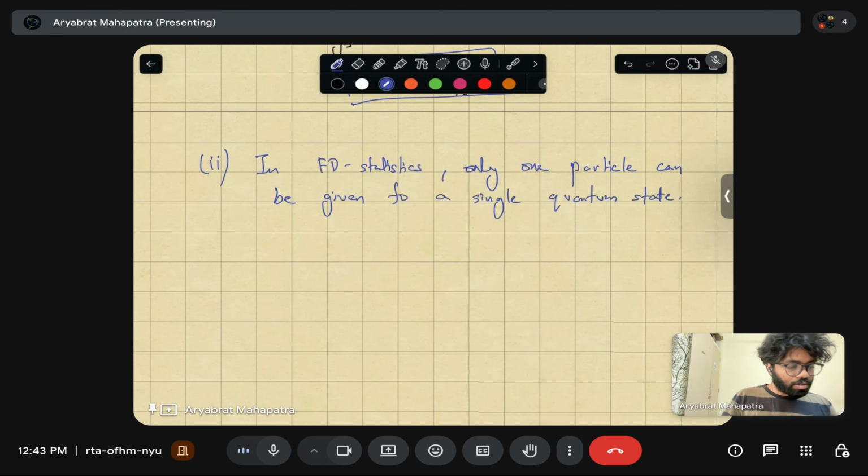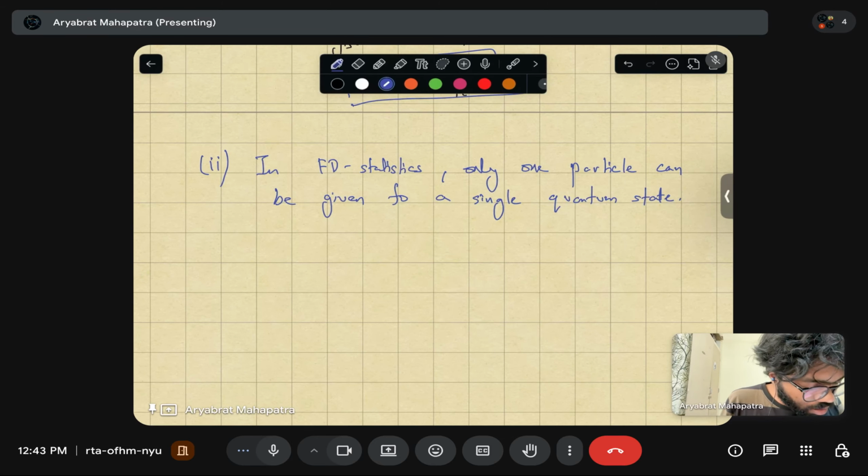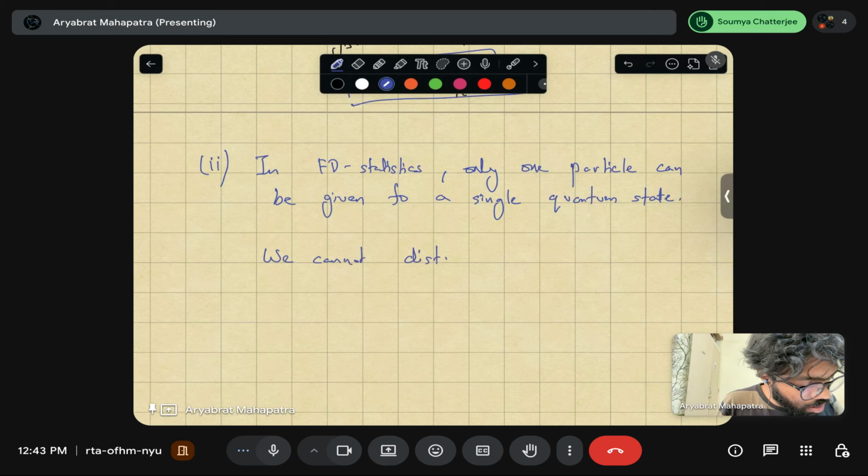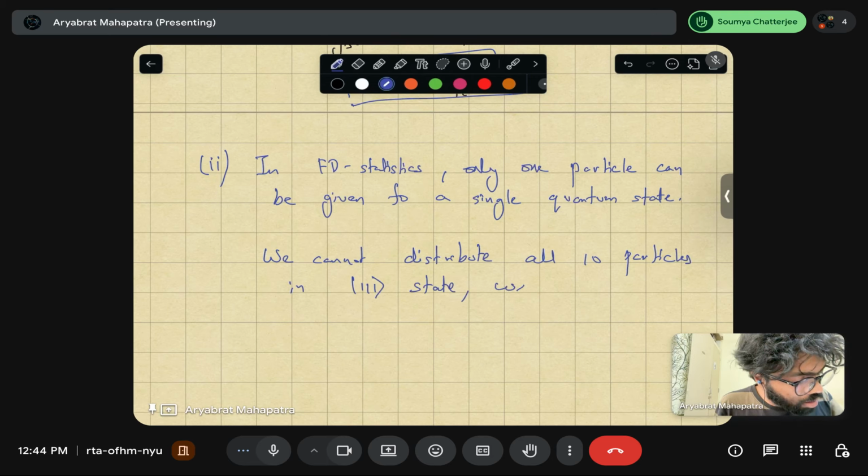So that means you cannot distribute all n particles in the ground state. We have to distribute the rest in all successive higher states.